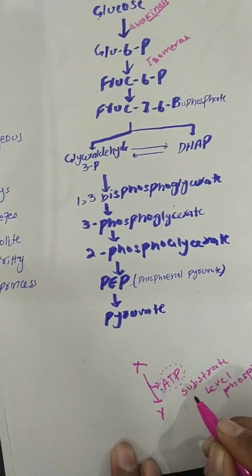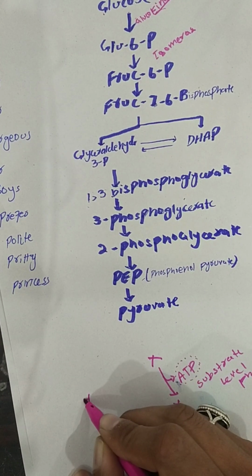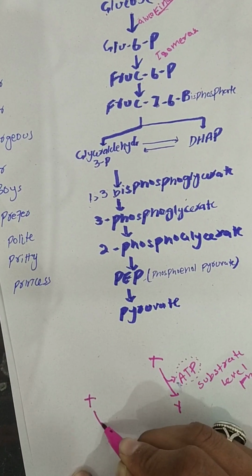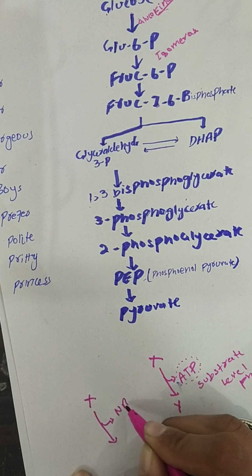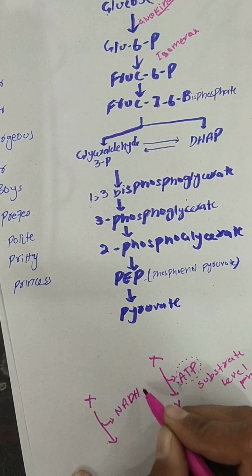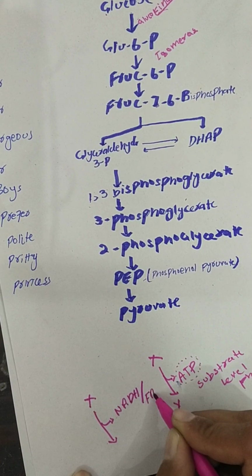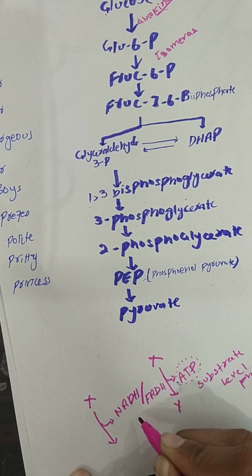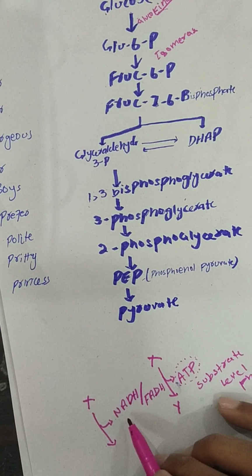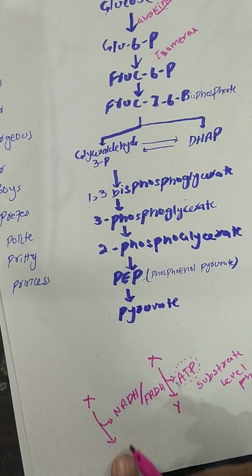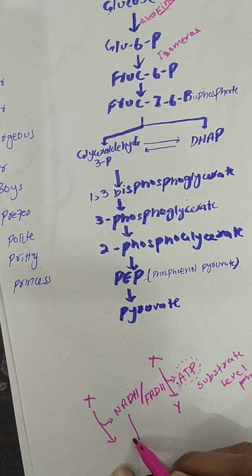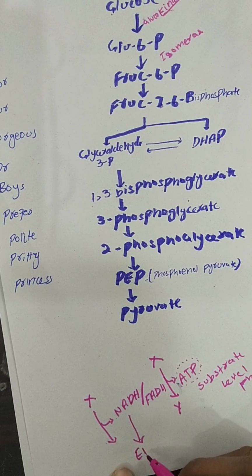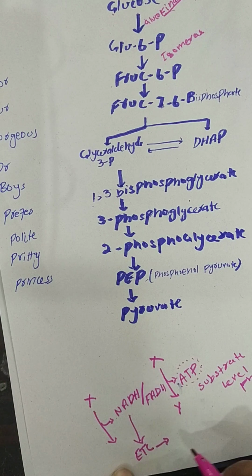But in a reaction in which X is converted into Y and we get NADH or FADH2, these go to the electron transport chain and produce ATP there.